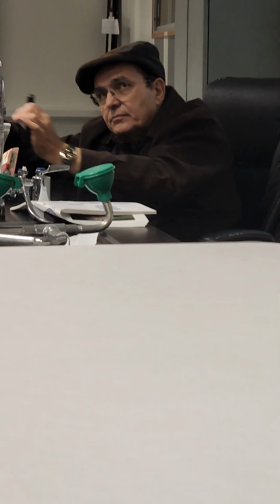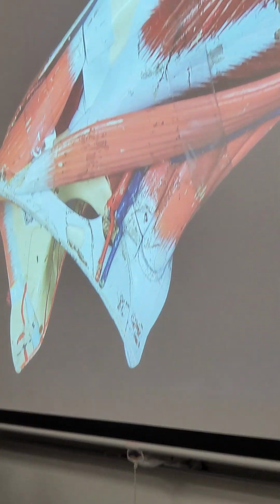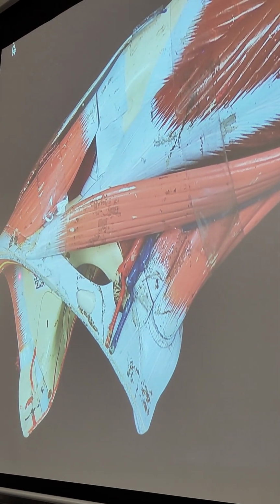Internal iliac is short and supplies organs in the pelvis, male and female. External iliac artery will pass deeper to the inguinal ligament, which is running here.